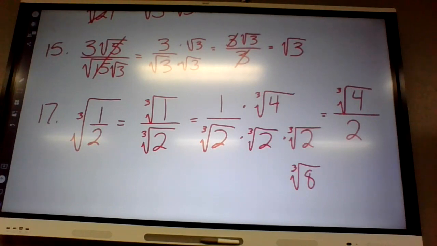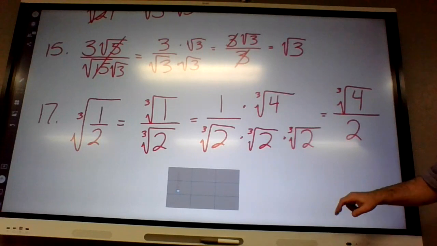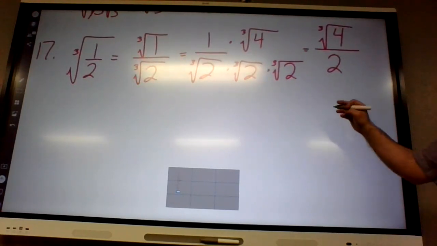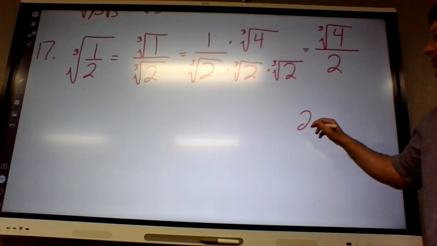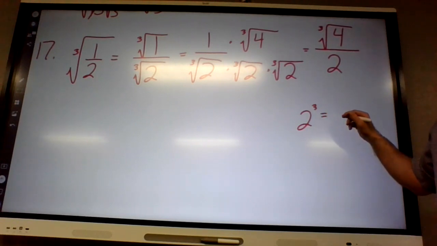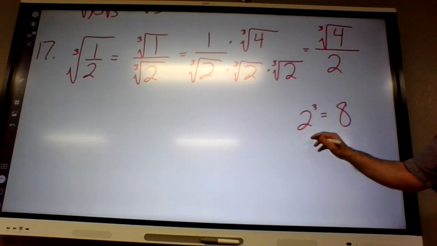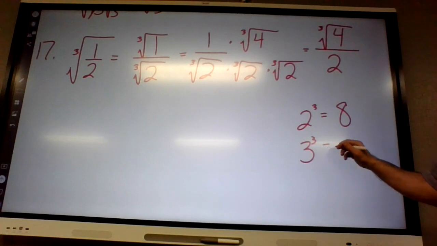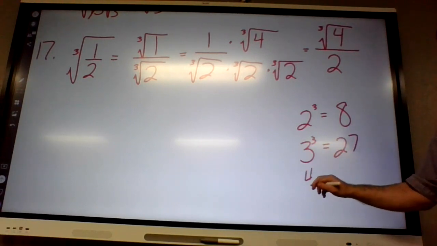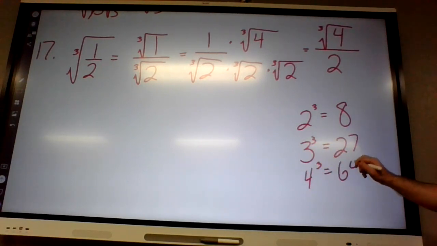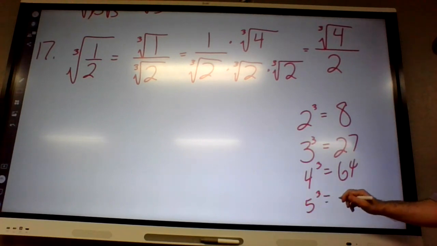It's a little bit tricky, right? Okay, do you guys know what the cube numbers are? I think we talked about this earlier. 2 cubed is 8. This is kind of important information for this. 3 cubed is 27. 4 cubed is 64. Probably won't need anything bigger than that.